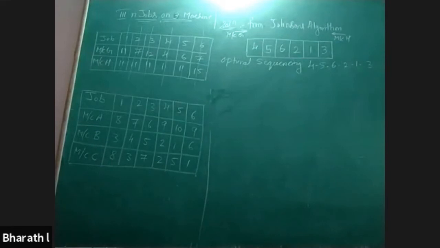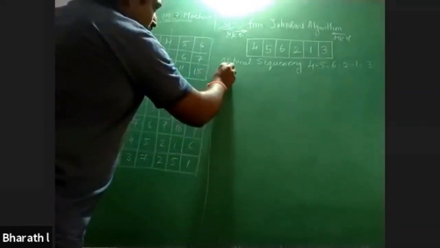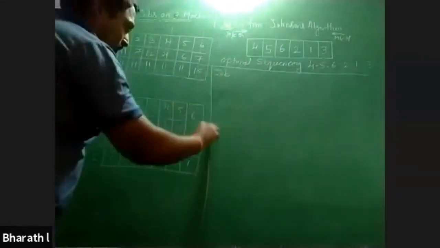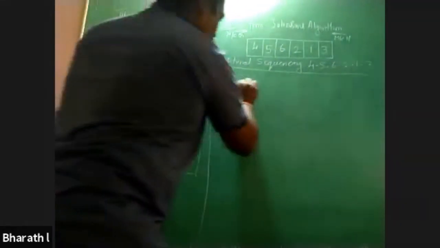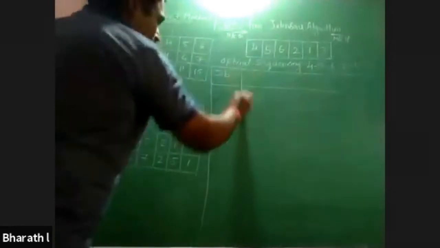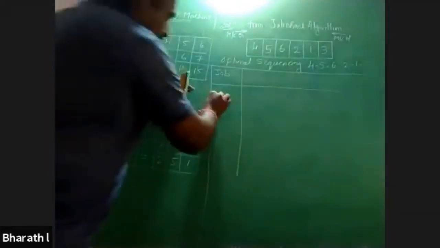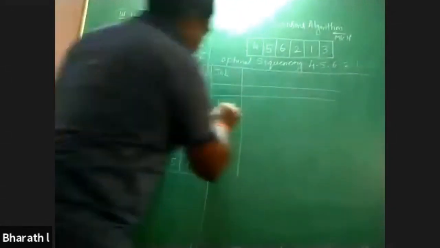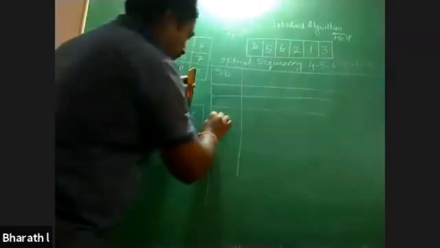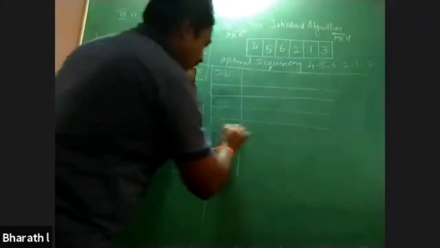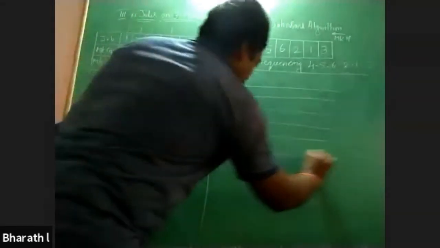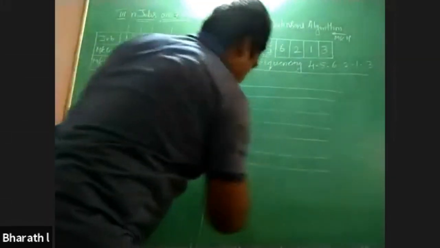to find the total elapsed time, we'll construct a table. First, we will write the jobs. Since they're given 6 jobs, we'll construct 6 horizontal rows: 1, 2, 3, 4, 5, and 6.